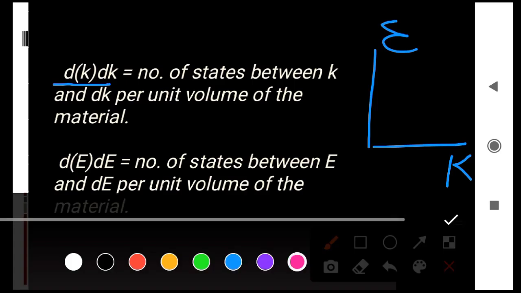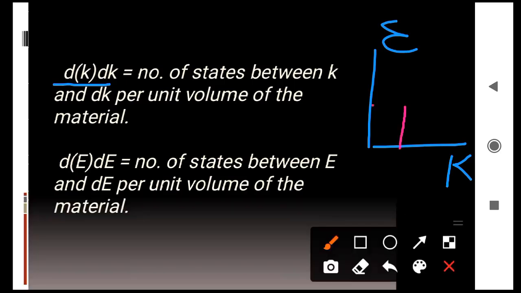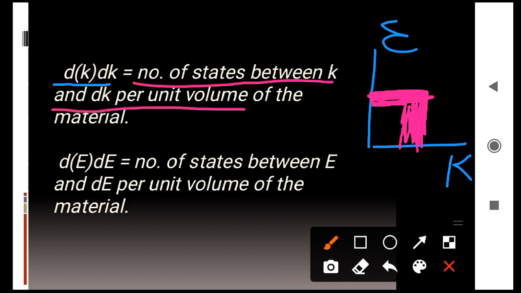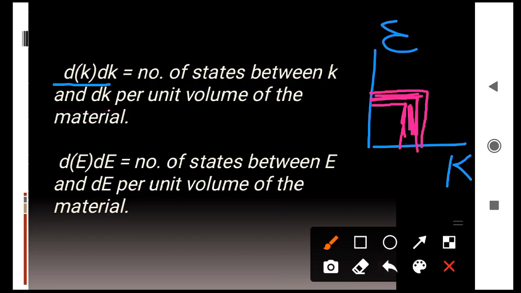Suppose I take this K value, then I get a corresponding energy E. Let me increase my K value by a small amount, say dk, then I get a corresponding energy change dE. So the number of states between K and K plus dk, this colored portion, is the space between K and K plus dk. The number of states between K and K plus dk per unit volume of the material is D of K into dk.